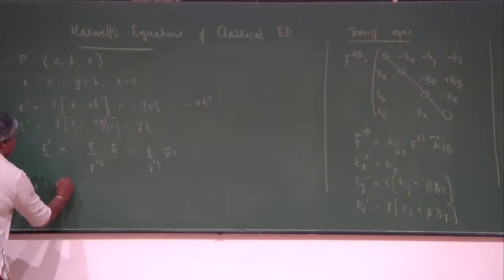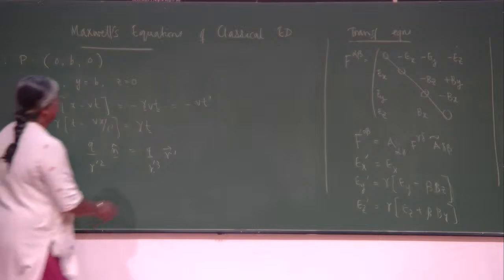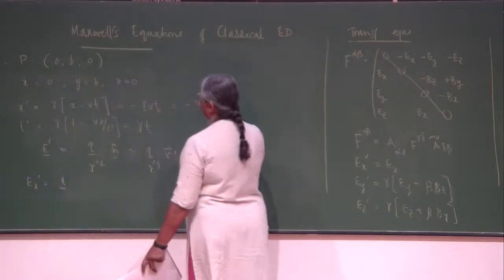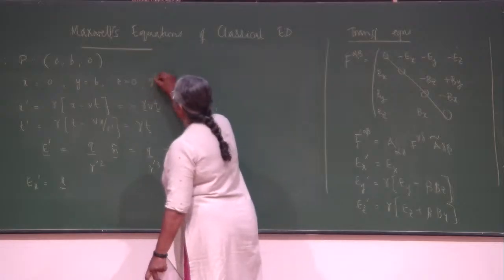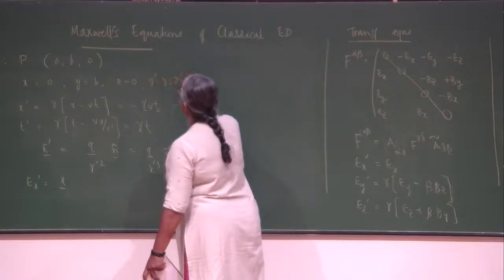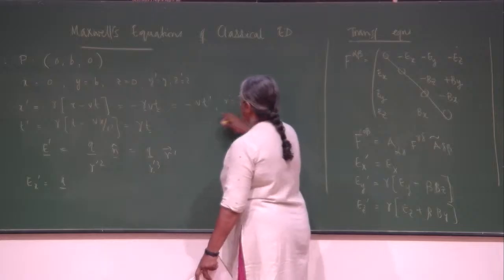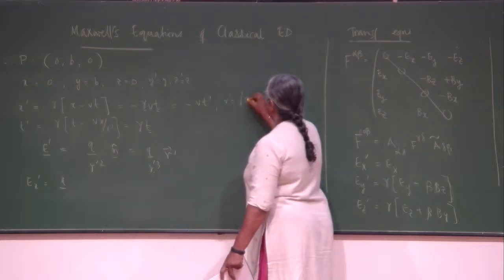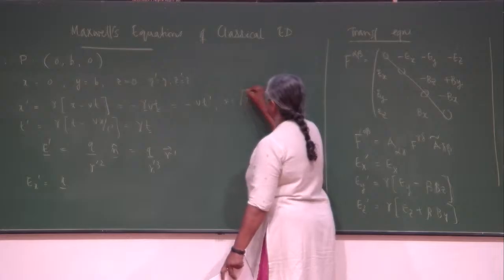Ex prime is equal to q by, what is r prime now? R prime is, where will I write it? Here maybe, because y prime is equal to y, z prime equal to z. So r prime is equal to root of x prime squared plus y prime squared plus z prime squared.